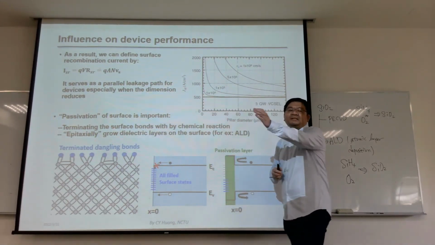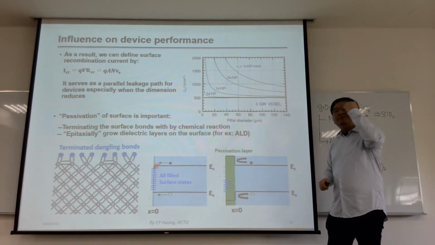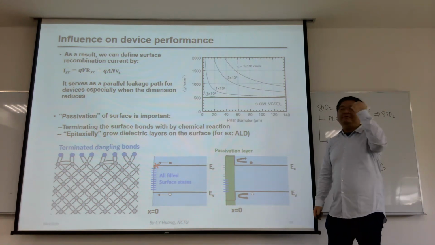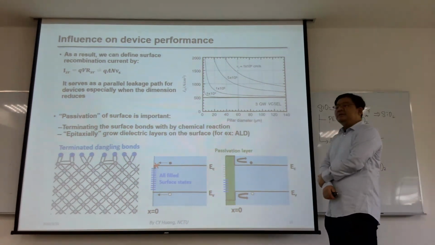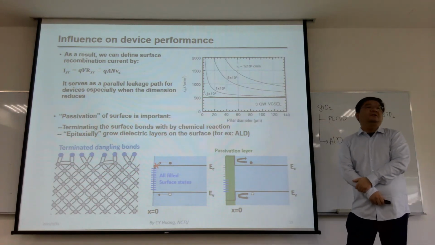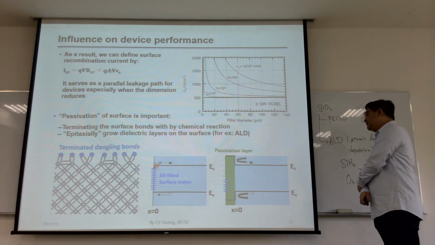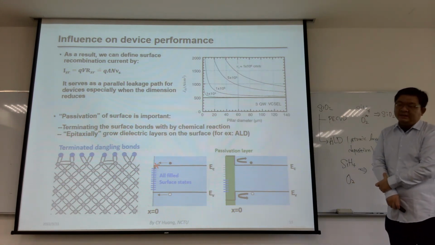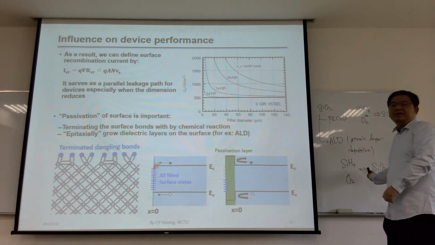So you are depositing the layer one atomic layer, two atomic layers, three atomic layers, to assure the film is conformally deposited on your devices. The biggest problem for ALD is that it's really slow.